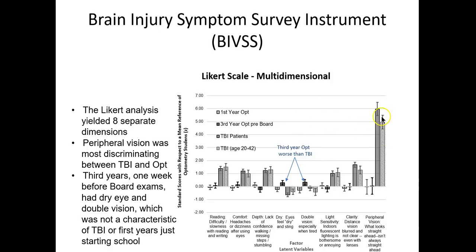For peripheral vision, a question related to that is, for example, what looks straight ahead isn't always straight ahead. If a person said that was a frequent symptom, that's the kind of information that was most discriminating between TBI patients and optometry students. Now, an interesting thing is these questions. So dry eye. Notice here are the TBI patients.